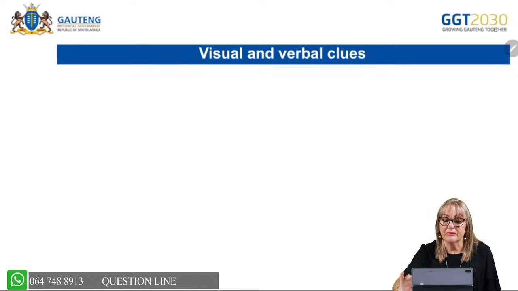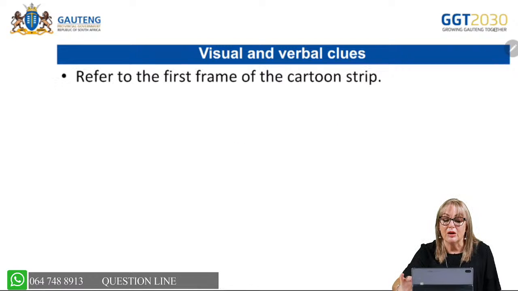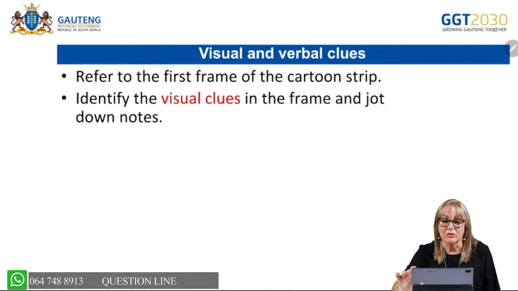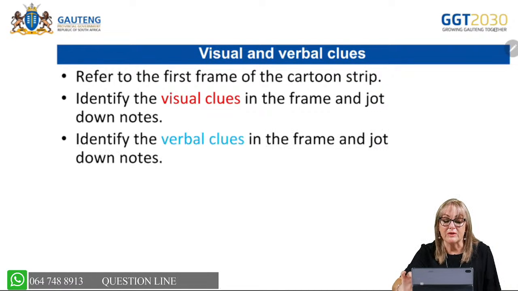Let's see. When you analyze a cartoon, look at every single strip. Then you identify the visual clues and you write notes. Then after that you identify the verbal clues and you also jot down notes. You have to do that.